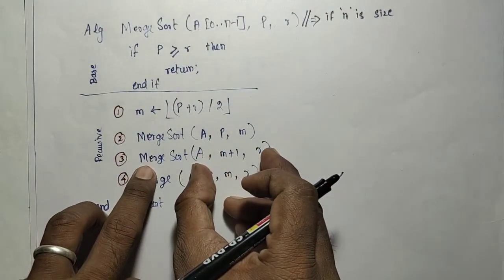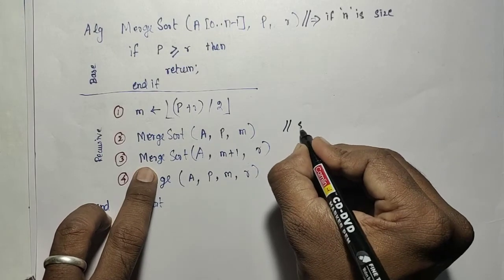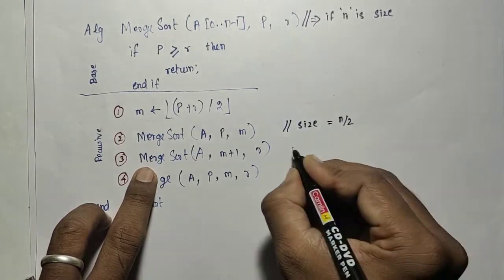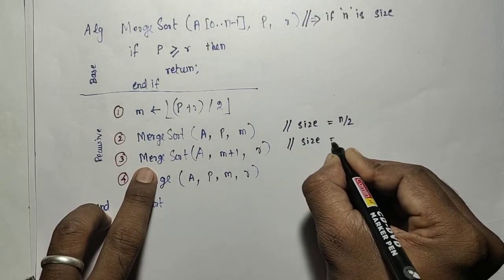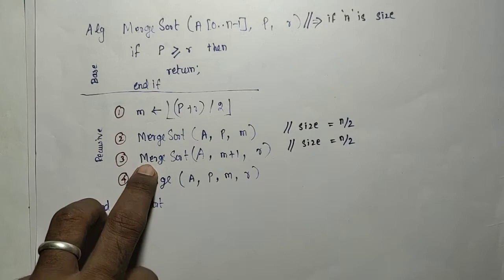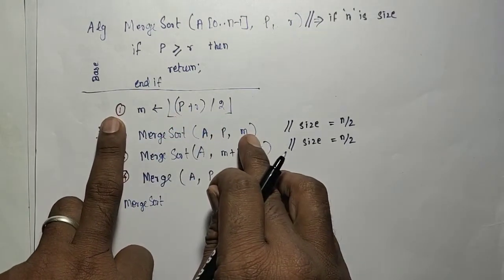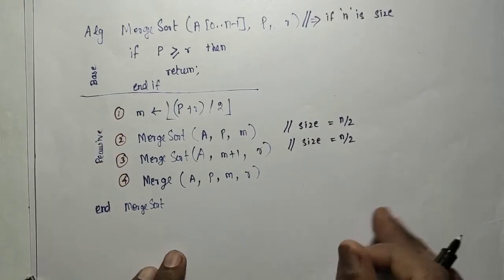And for this merge sort call the size will also be N by 2. So the size of this algorithm is equal to N by 2, and here also the size of this algorithm is equal to N by 2. Because (P plus R) by 2 is the middle element, and P to M only we are passing, that is N by 2. One element may be what?